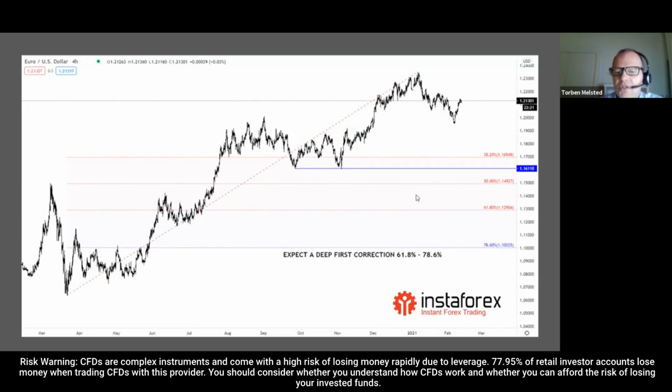What I would like to stress here as a support would also be that if you have the first 3 or 4 moves here, 1, 2, 3, and this is the fourth, the larger correction here, this would be a very common place for the market to at least pause at some point if it's going down there. It doesn't have to go down there, but it would be pretty common.